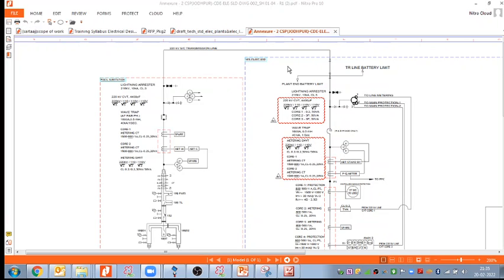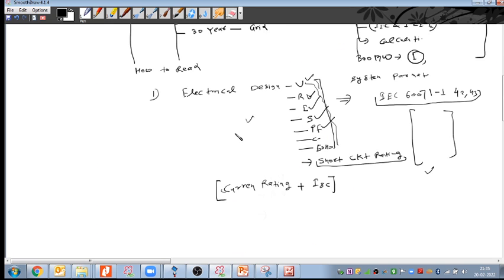Okay, so one point is clear: when we work for any grid, whether it is government or renewables, the short circuit rating we will follow as per the grid regulations. For a government project, this value is given in the tender, but for renewables we do not have this much technical specification.